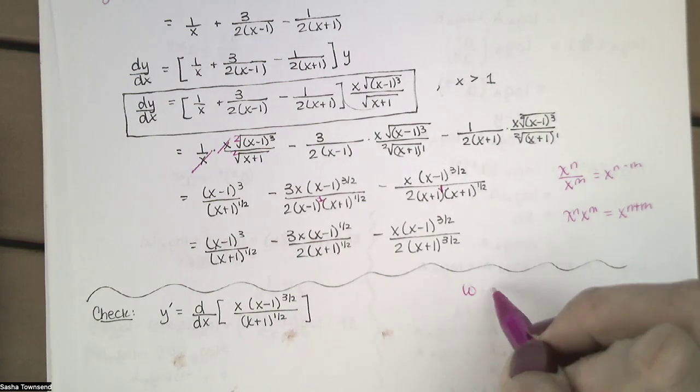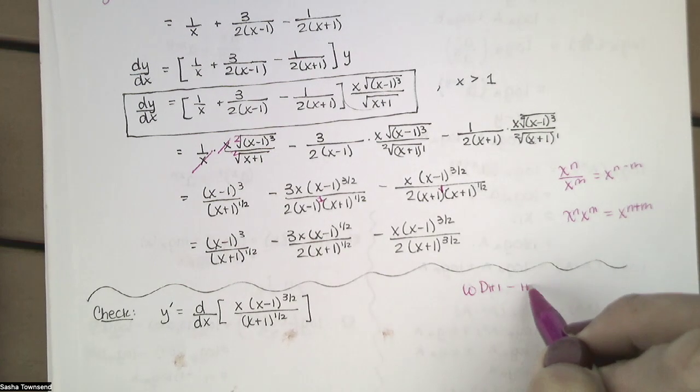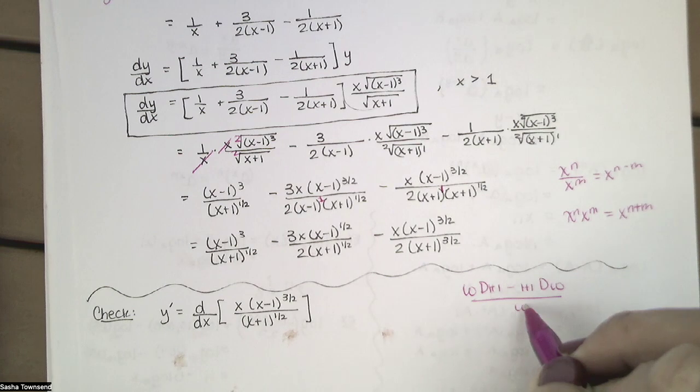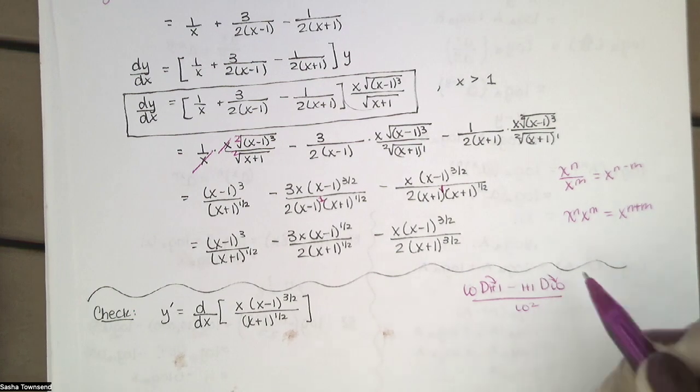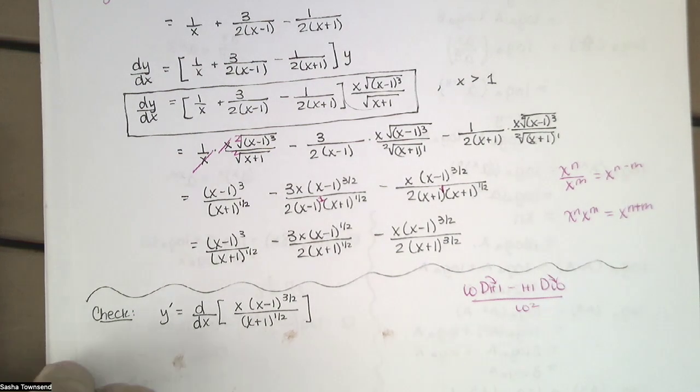So just rewriting first to make it easier to take the derivative of the quotient. Remember, the derivative of the quotient is low d high minus high d low over low low. And that derivative operator applies to what's in front of it.